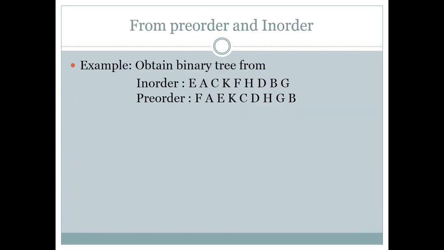Okay. Our second example is that we have to create a binary tree from pre-order and in order traversal. So we will have two strings, first is in order and second is pre-order. From this we all know that pre-order traversal will have the root node first.